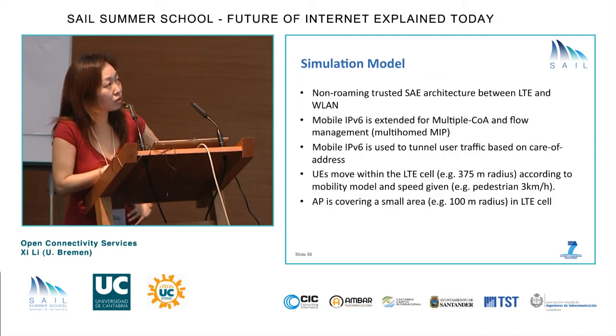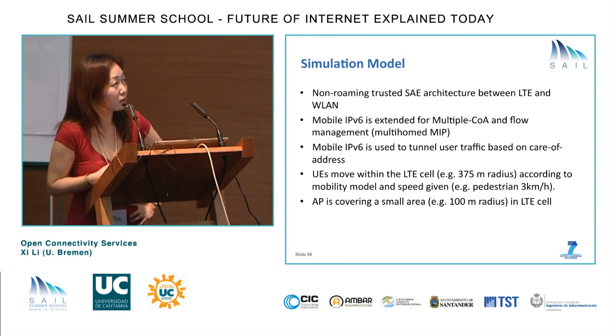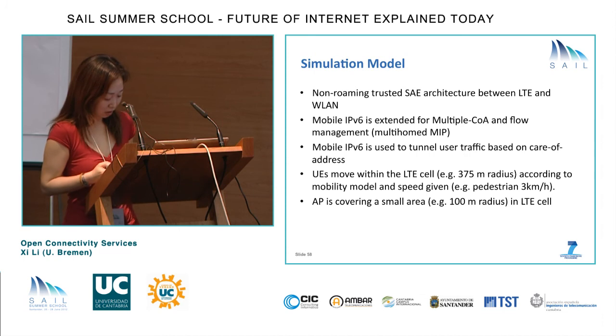In such a scenario, the mobile nodes are moving around between different access points of the wireless LAN, within the coverage of one LTE base station. The mobile nodes have the possibility to connect to both networks, using the LTE connection and possibly the wireless LAN connection at the same time.